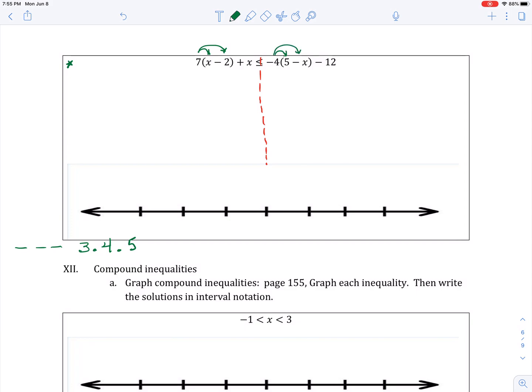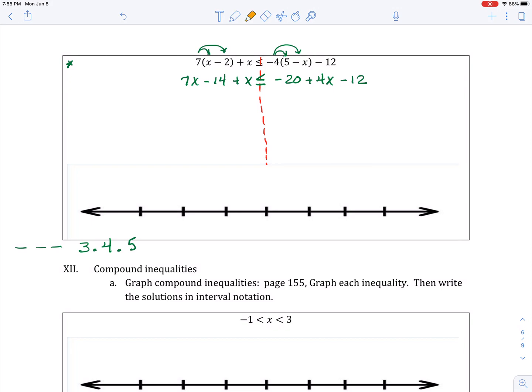So the first thing I'm going to do is go ahead and multiply that using that distributive property. And let me take just a second to double check my signs. I was talking and not sure I was paying 100% attention to my signs. All right, so that looks good.